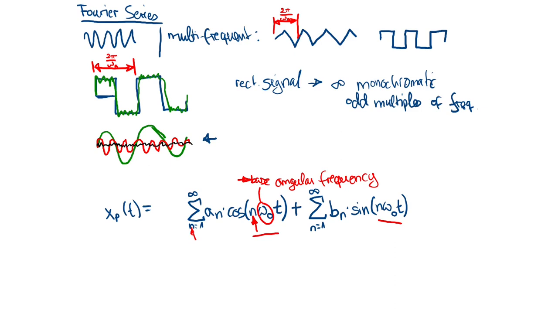But before we discuss the cosine and sine function, there's something missing to complete our formula, and that is the A0 parameter. So that is just a DC offset. Imagine that you have a periodic signal.